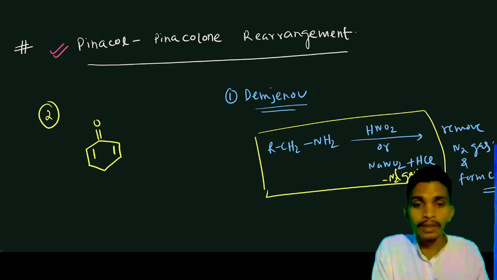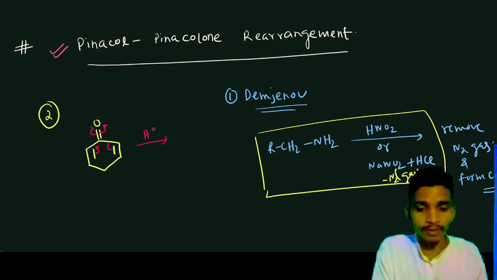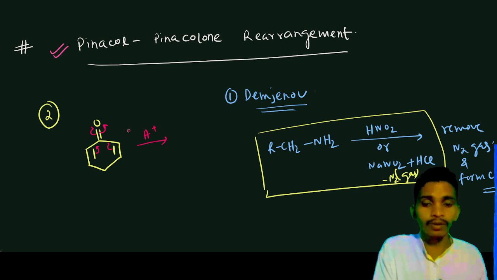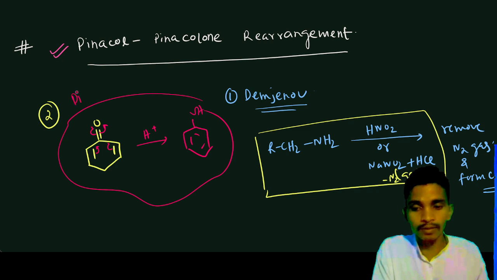It is very important that this and this have to be in conjugation, and acidic medium is there. Then that is called the dienone phenol rearrangement, and the product formed is phenol.